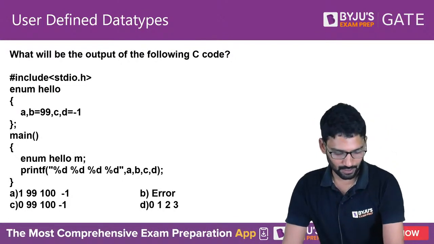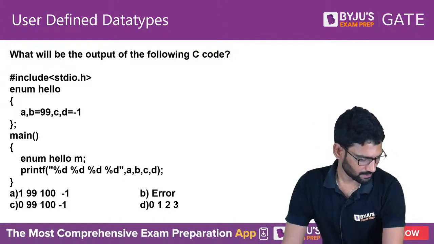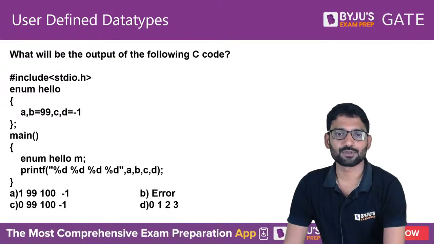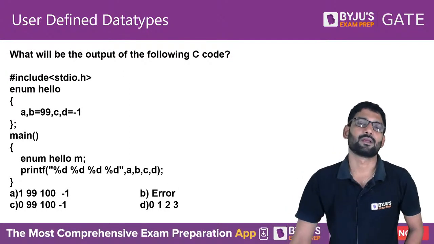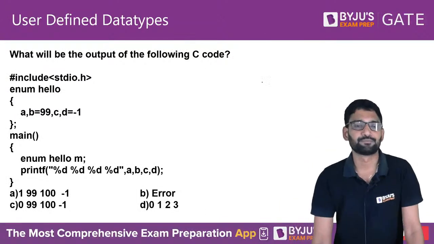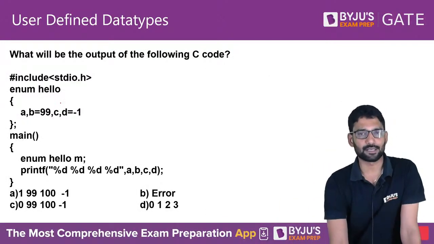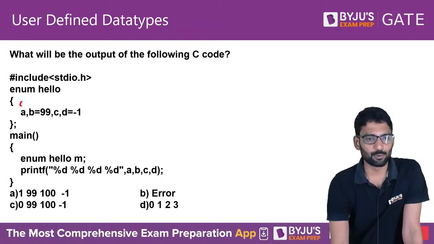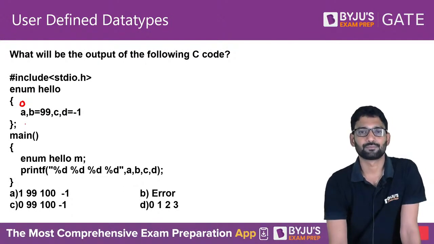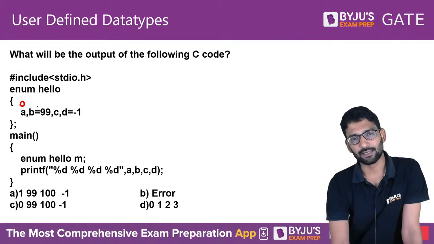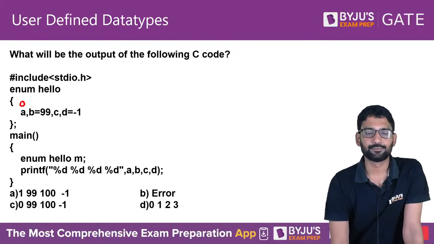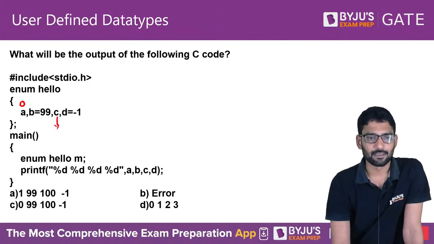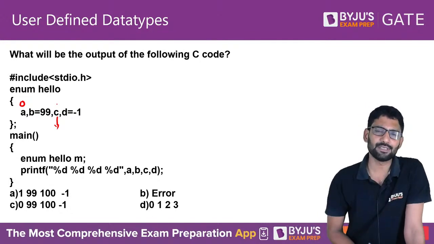C. Okay. Swati says C. Shyam also says C. Let us have a look. A is not assigned, so A value would be 0. B is assigned, so it will take the assigned value. C is not assigned. Its previous value is assigned?